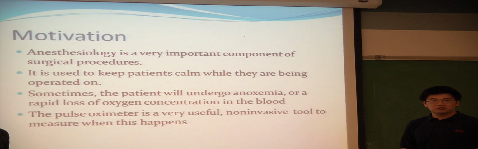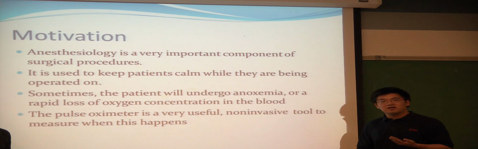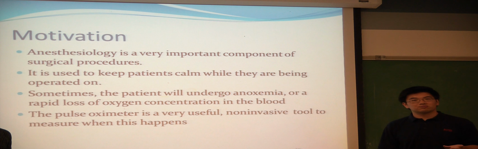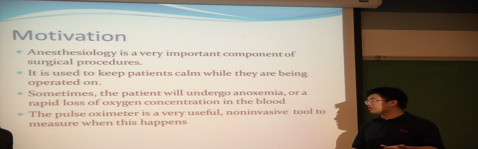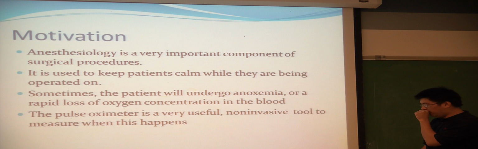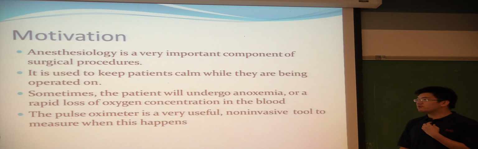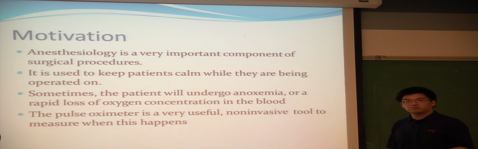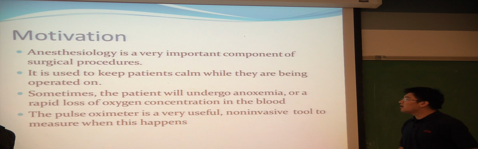A certain condition called anoxemia is when a patient has oxygen levels in their blood underneath a normal level and could potentially be put at risk. The pulse oximeter is a tool that we use to measure when a patient reaches anoxemic levels.